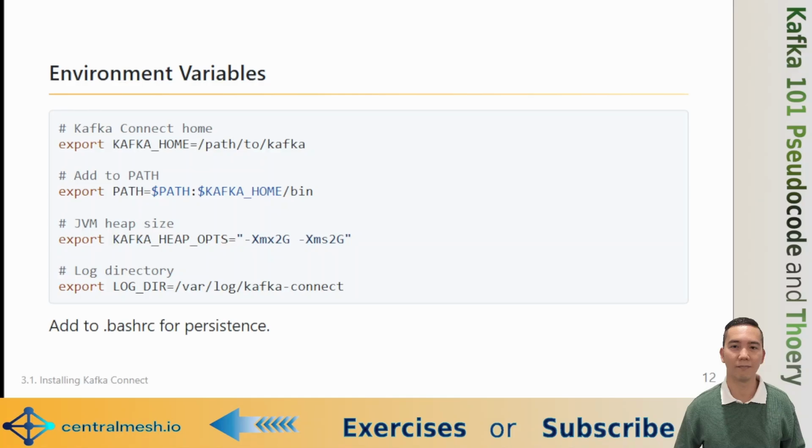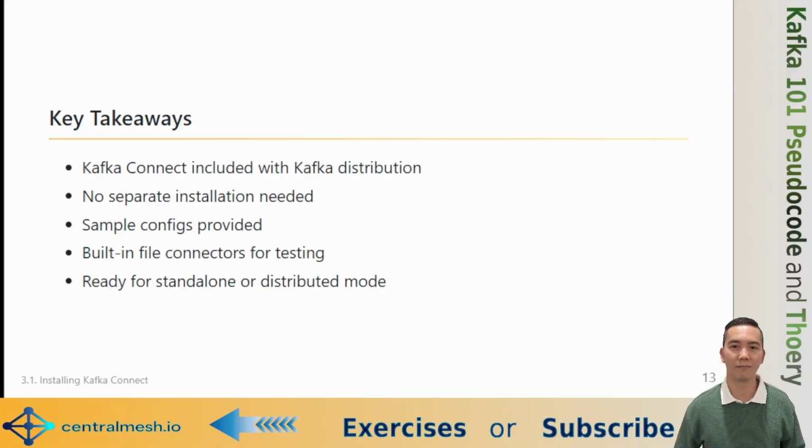Adjusting these values is often necessary in production environments with larger workloads. Finally, the LOG_DIR variable can be used to centralize Kafka Connect log files for easier monitoring and troubleshooting. For convenience, these settings are typically added to your .bashrc or .bash_profile, so they are automatically applied whenever you log in.